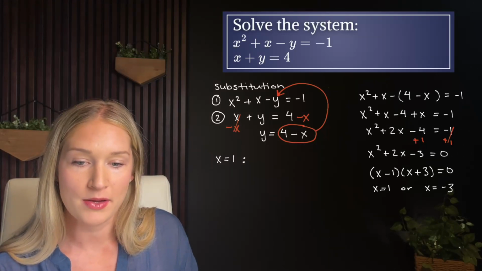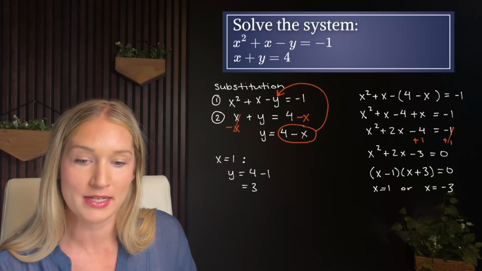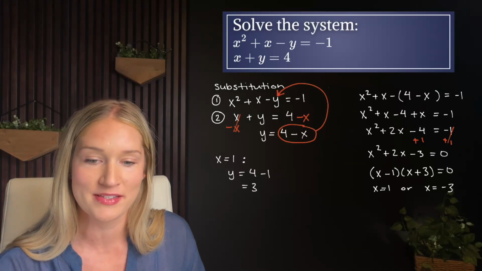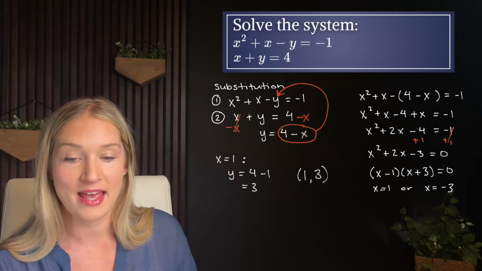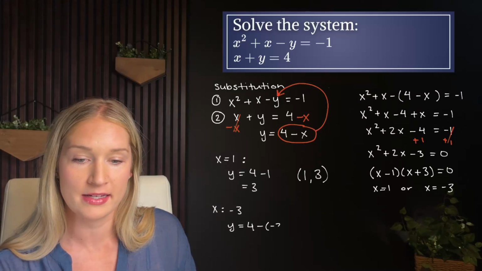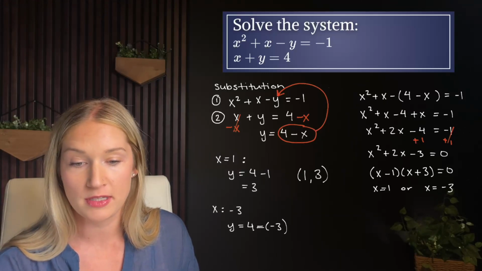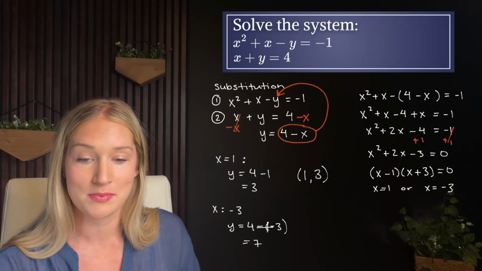So my y would equal 4 minus 1, which is 3, meaning that one of my solutions is (1, 3). Plugging in that second x value of -3, I have y is 4 minus a -3, which becomes 4 plus 3 because we have that double negative. So y would be 7, giving me my second solution of (-3, 7).